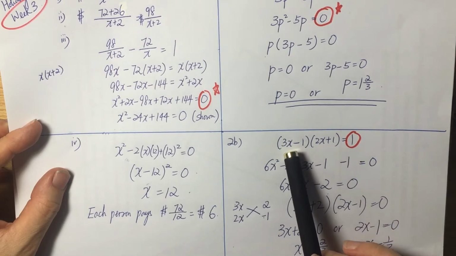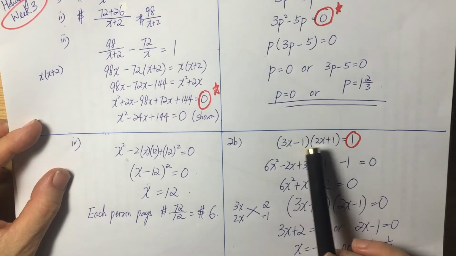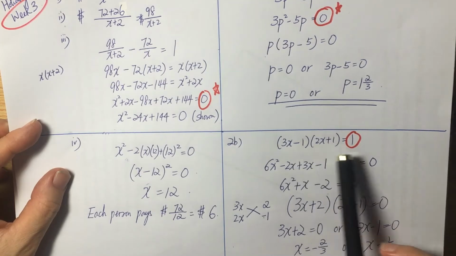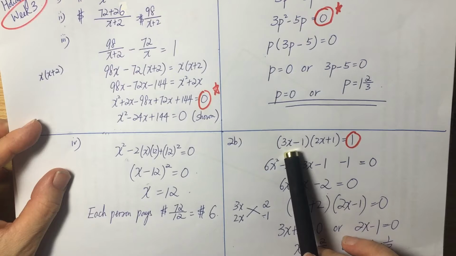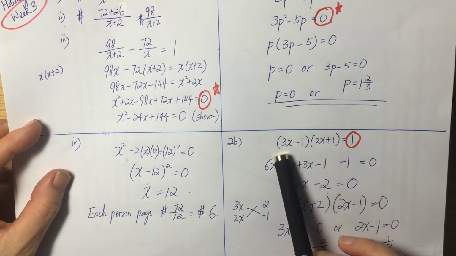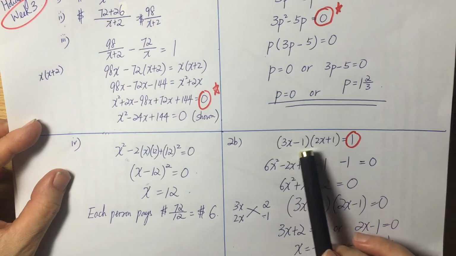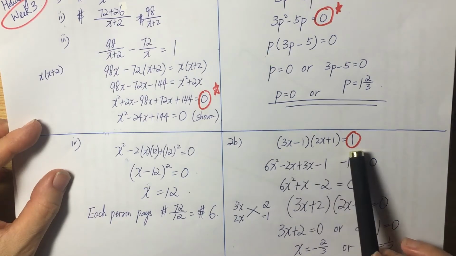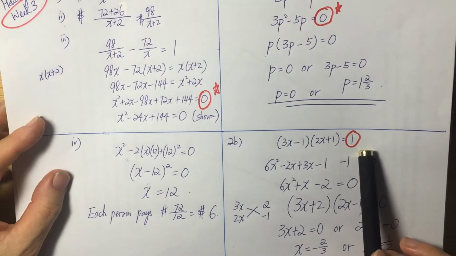If you think of it as 2 factors multiplied together to get 1, then what will one of them be? You may say 1 or negative 1, and then there will be a lot more other answers, 2 and a half, or negative 2, negative half. There will be infinitely many possible answers.